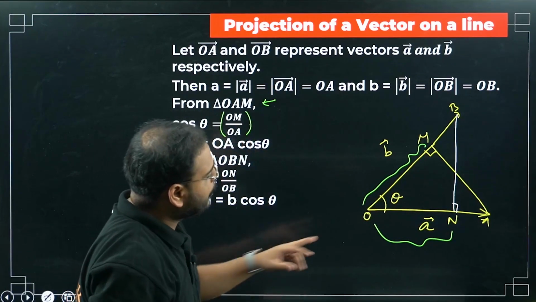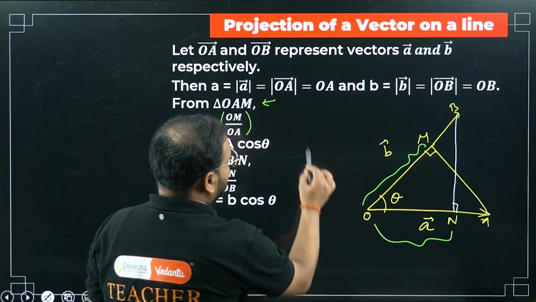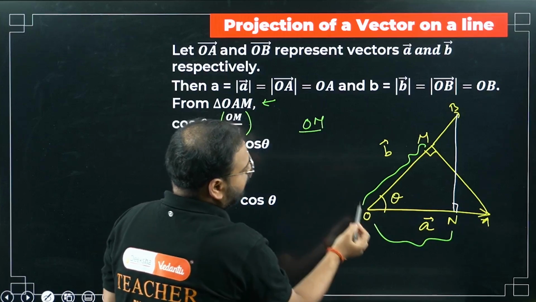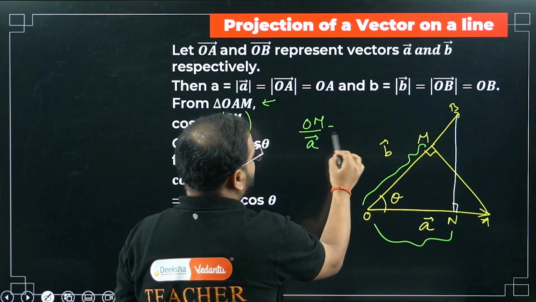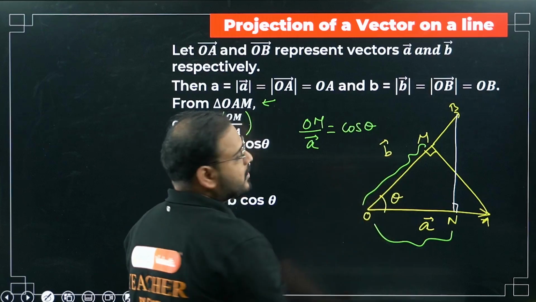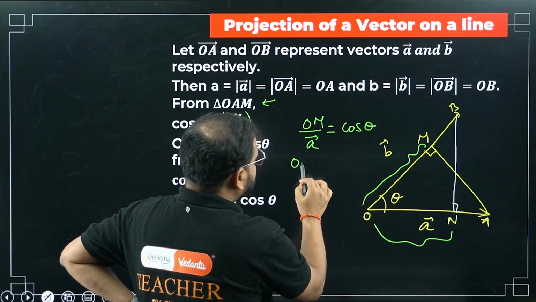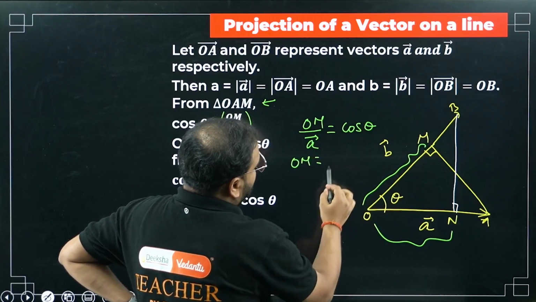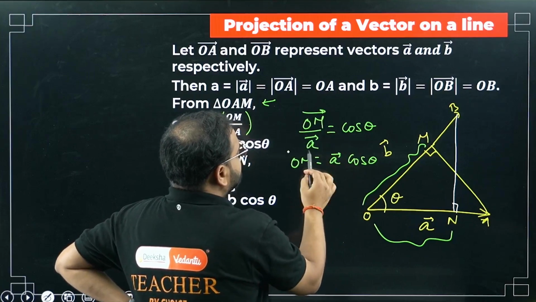OA is vector A. This equals cos theta. So what is OM going to be? OM is going to be vector A times cos theta. OM is also a vector.